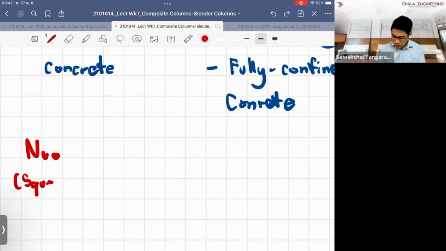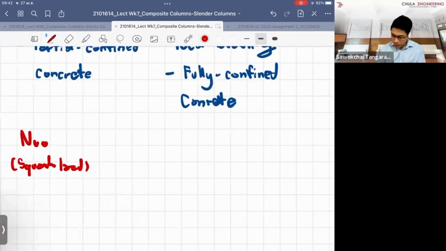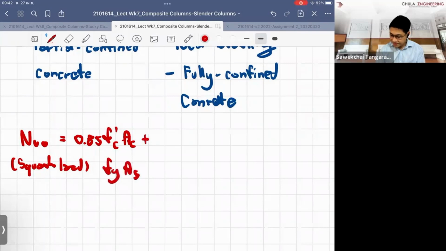For the encased, we use 0.85 of the f'c times Ac, and we add it to the Fy times As.